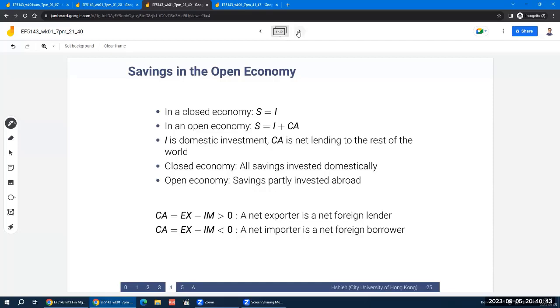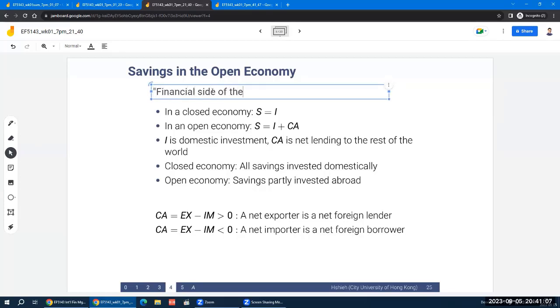So if total savings includes domestic savings and foreign savings, or savings abroad, then S minus I should give you net savings abroad, right? And I want to show you basically that current account can also be expressed as S minus I. Okay? So this is what's called the financial side of the current account.